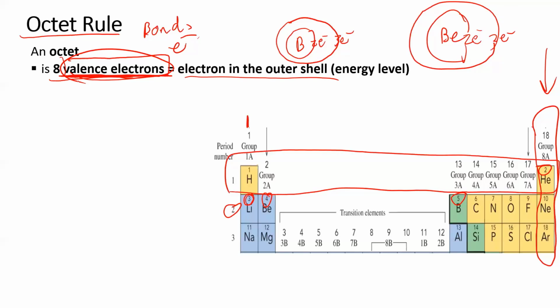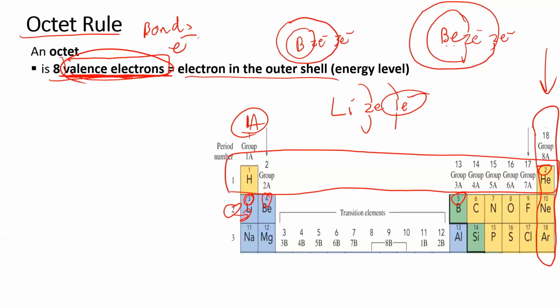So what we see is in group 1A, there's 1 valence electron. So if I go back to lithium, it had 3 electrons, 2 in the first shell and 1 in the second. So that's why it's in group 1A. It has 1 valence electron right here in the second shell.